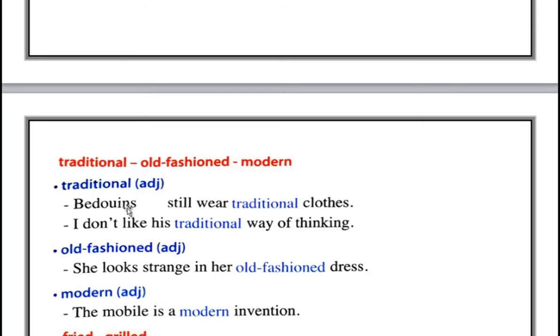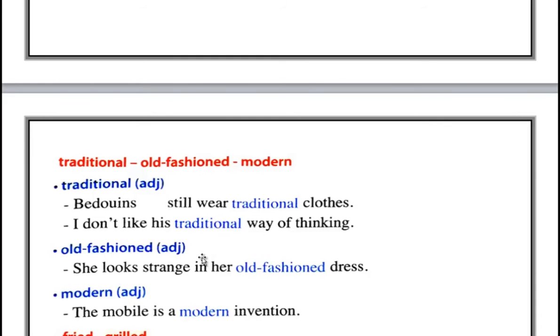I don't like his traditional way of thinking. I mean that his ideas are out of date, not modern, or cannot be applied nowadays. This is the meaning of traditional way of thinking.